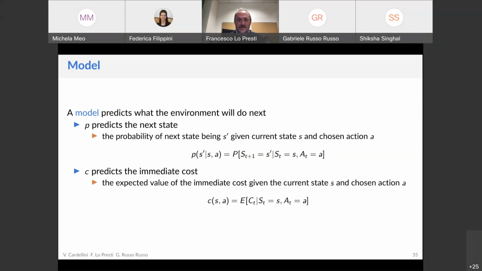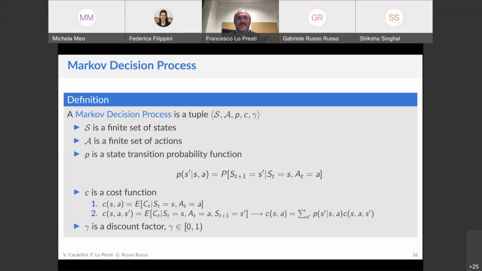So, given this, I move slightly to talk about the general setting, which provides the necessary background to deal with reinforcement learning.